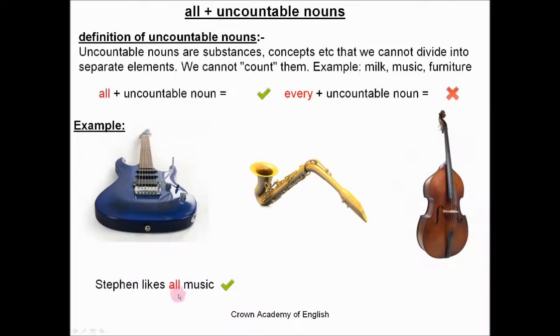So this is the uncountable noun. And notice this time the word stays in the singular. Okay? And we do not use the word the. So there is no article. There is no definite article. We say the word all and then the uncountable noun, which always stays in the singular.